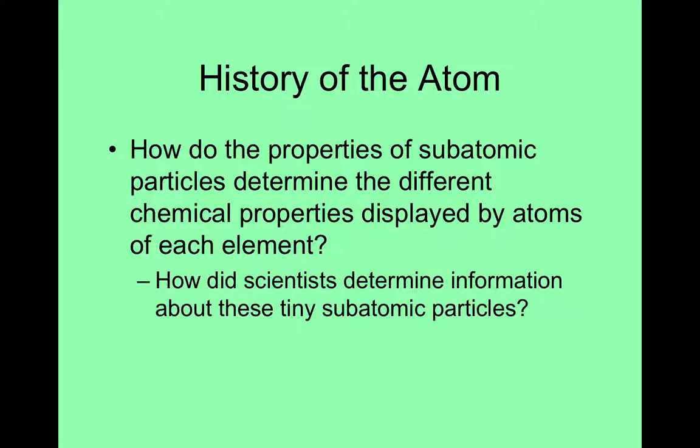Our sub-question here, though: how did scientists determine information about these tiny subatomic particles? Well, scientists clearly conducted experiments. They didn't just guess, but they gathered information and they interpreted their results to form logical conclusions. The other thing I want you to recognize is that the work of scientists largely built off of each other.